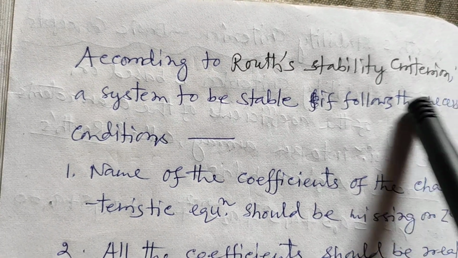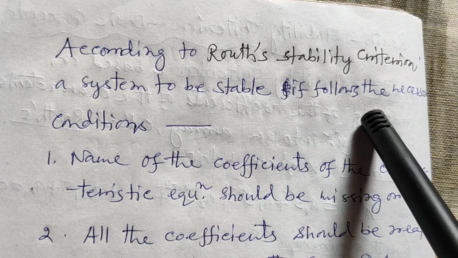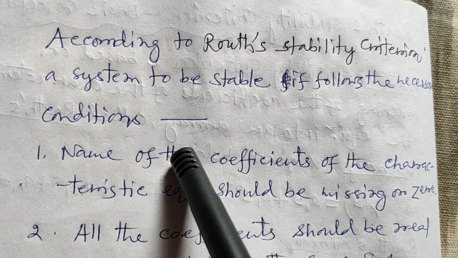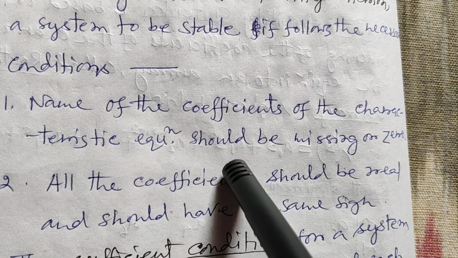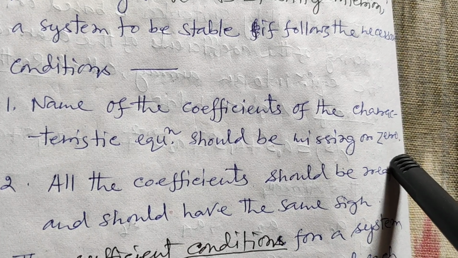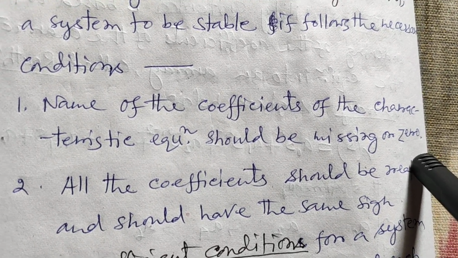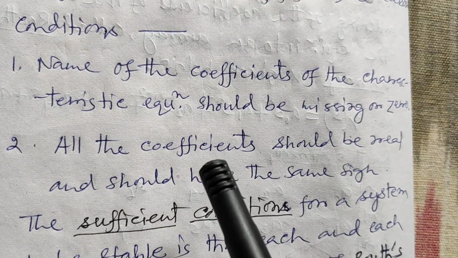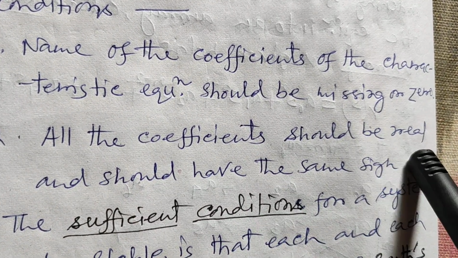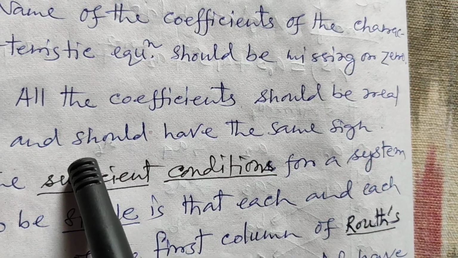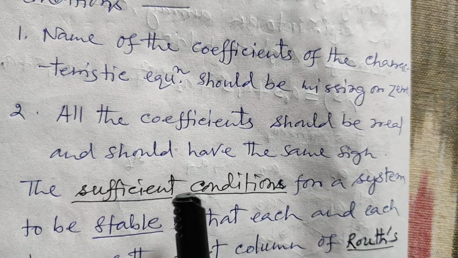Now, according to the Routh stability criterion, a system is stable if it follows the necessary conditions. None of the coefficients of the characteristic equation should be missing or zero. Okay. All the coefficients should be real and should have the same sign.